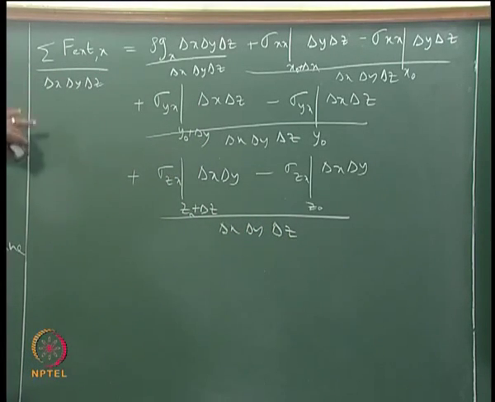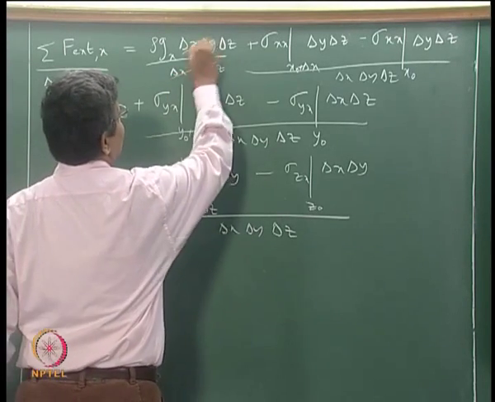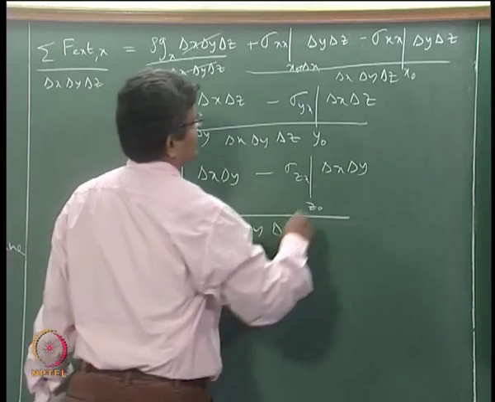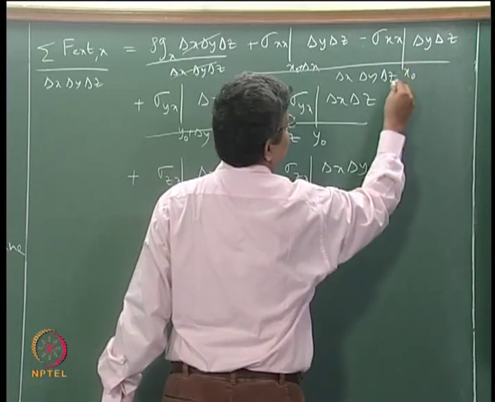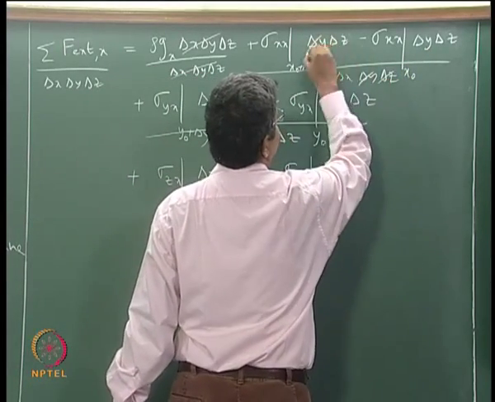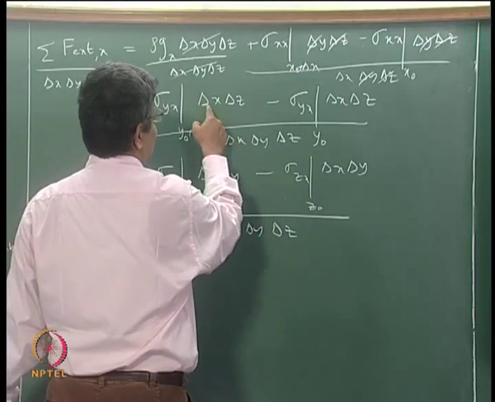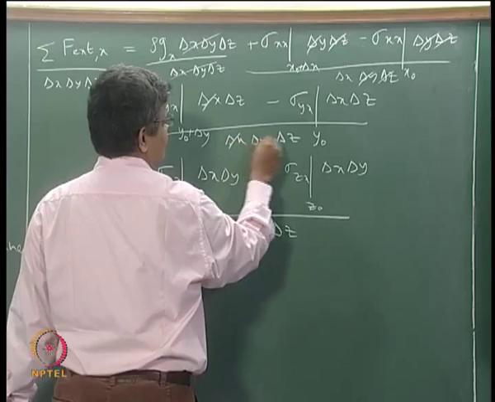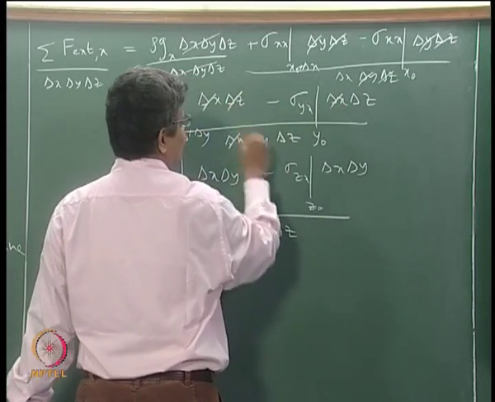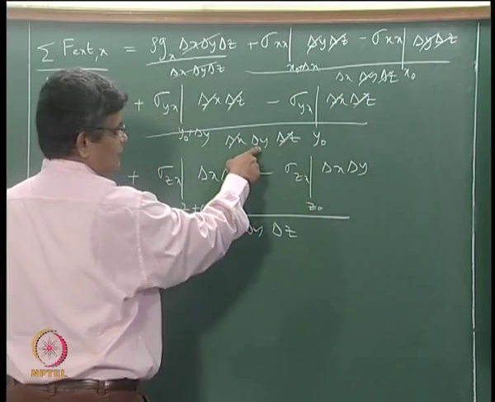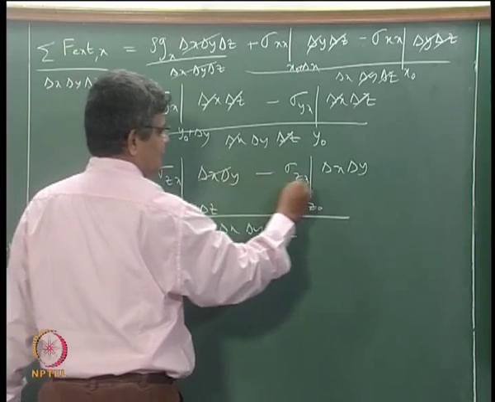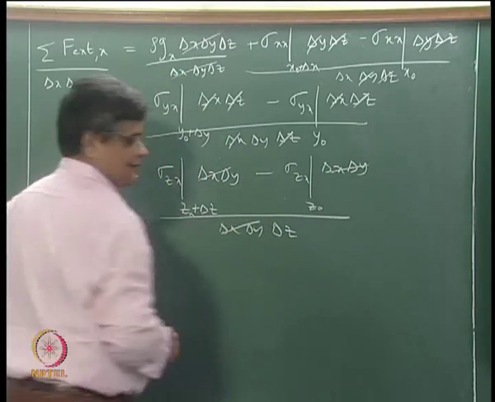Now before we take the limits, let us try to simplify. As we have seen earlier, delta y, delta z cancel out from this, and we are left with delta x, and here delta x will cancel out and delta z will also cancel out. We are left with delta y here, and here we are left with delta z.